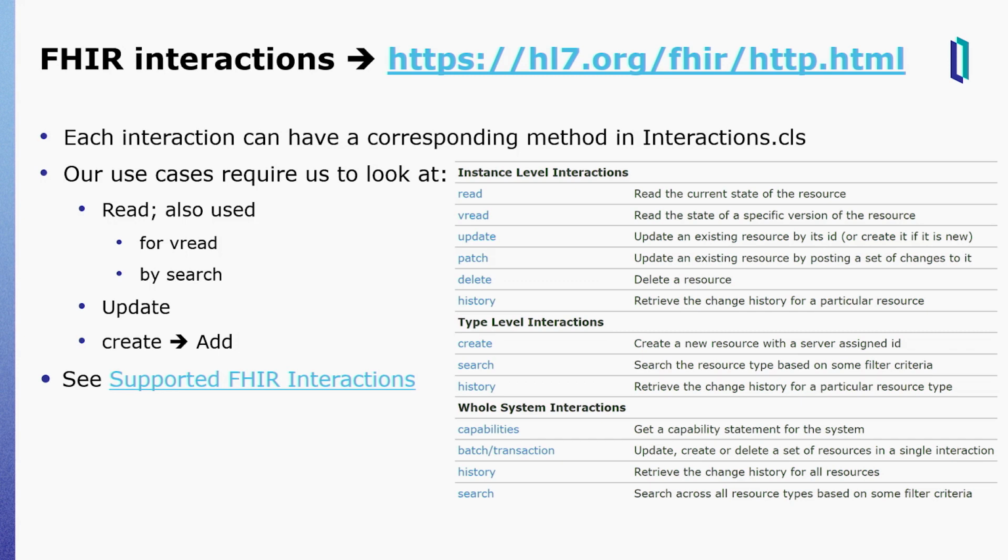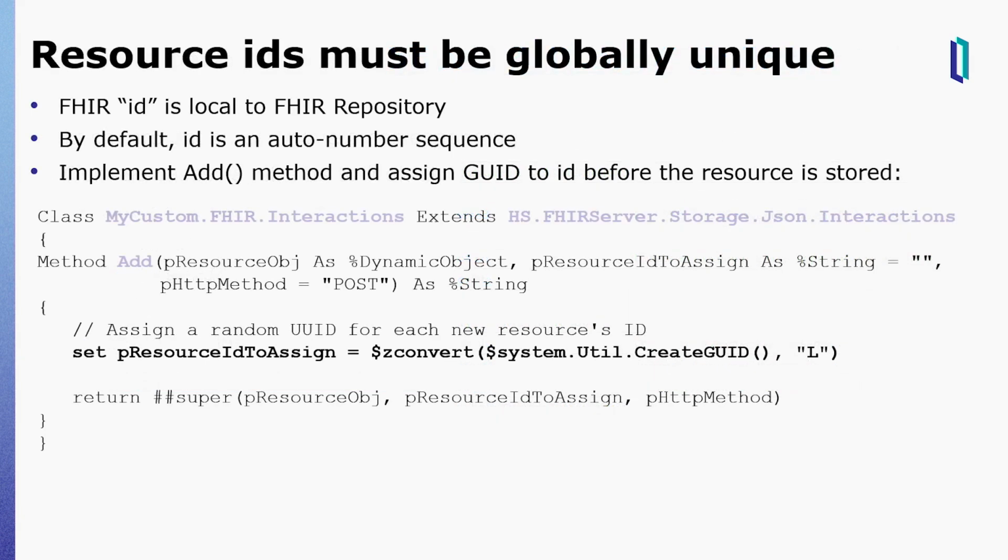So the first use case. By default, the IRIS for Health file repository uses an incrementing integer, right? First resource gets ID 1 and so on, 2, 3. In some cases, people don't like those predictable numbers, but want to have something that is more like a GUID. And so that's what we wanted to do in this project.